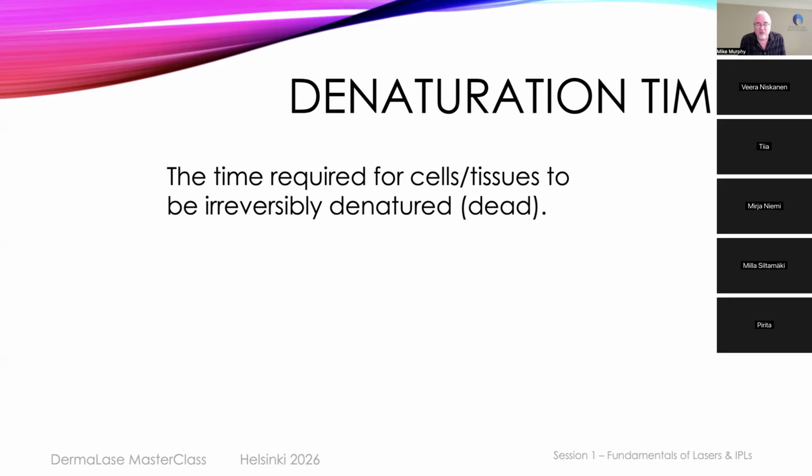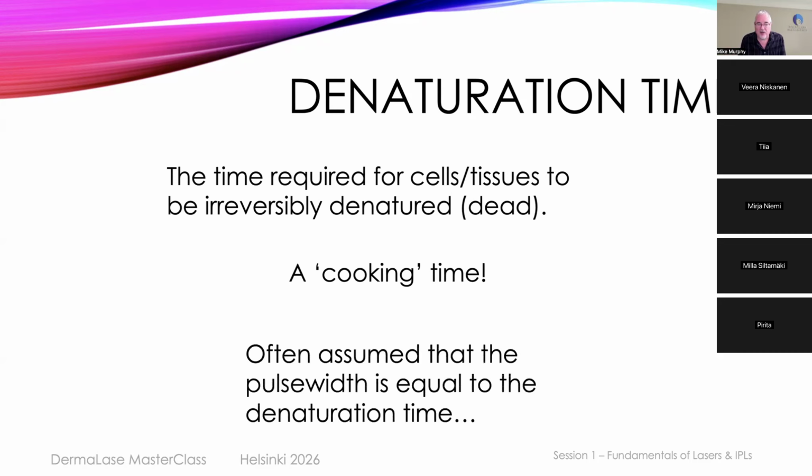Like I say, you wouldn't bake a cake according to its cooling time. You bake it long enough to cook all the ingredients. That could be an hour or 90 minutes or whatever. It's a cooking time as against a relaxation time, which is a cooling time. It's a much more sensible way, right? Often people assume that the pulse width is equal to the denaturation time.